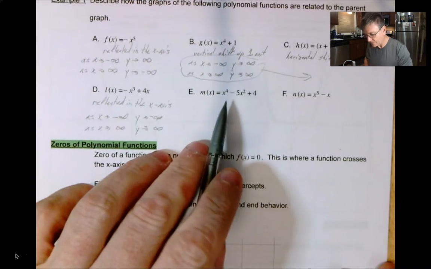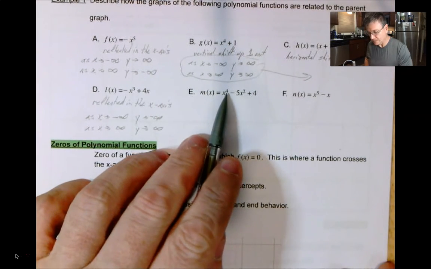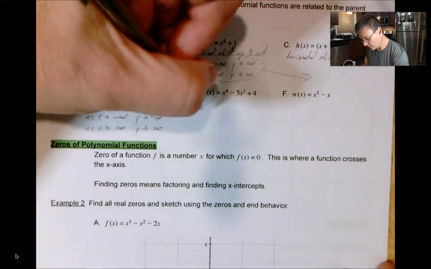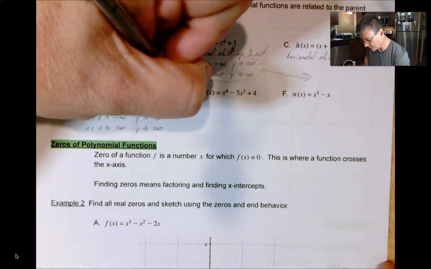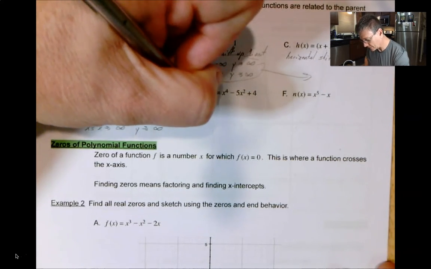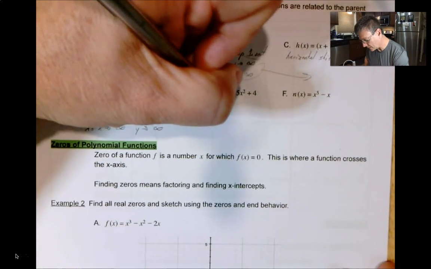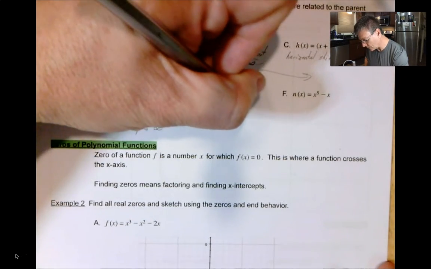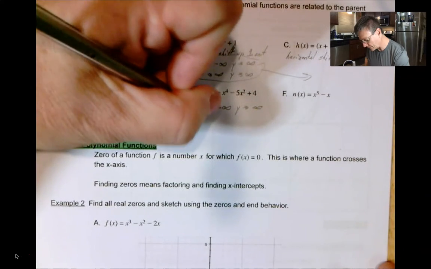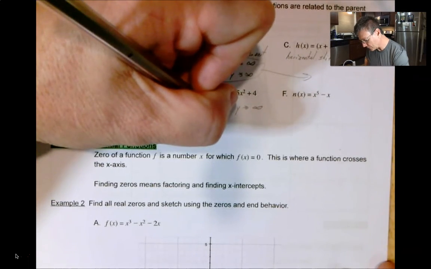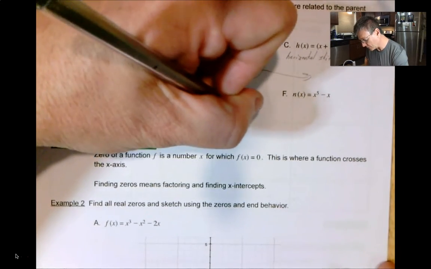Part E, positive and even. So no reflection, and it's going to be as x goes to negative infinity, y goes to positive infinity. As x goes to positive infinity, y goes to positive infinity.